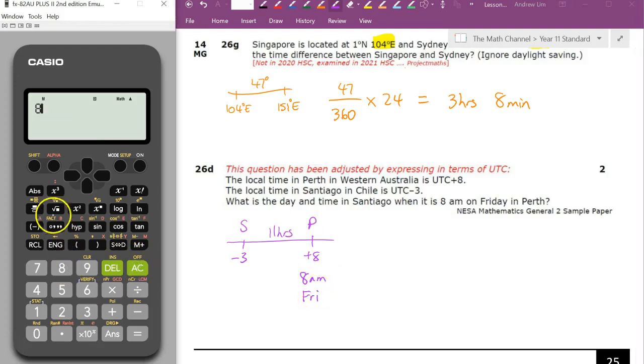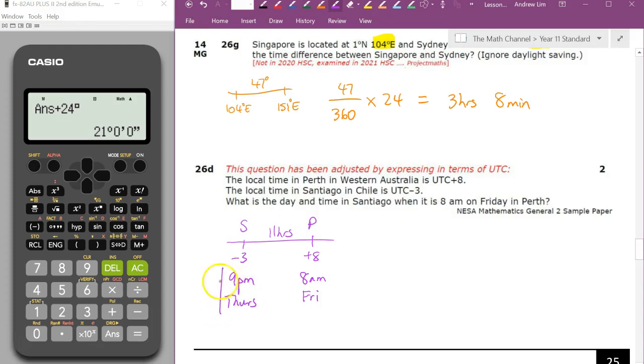So 8 AM is just 8 hours. Okay, always use 24-hour time. I'm going to minus 11 hours. Oh, that's negative. So I'm going to add 24 hours to that. 21 o'clock or 9 PM. It'll be 9 PM the previous day because we're going back in time. We're going back past midnight. So it'll be 9 PM on Thursday. And that's the answer.